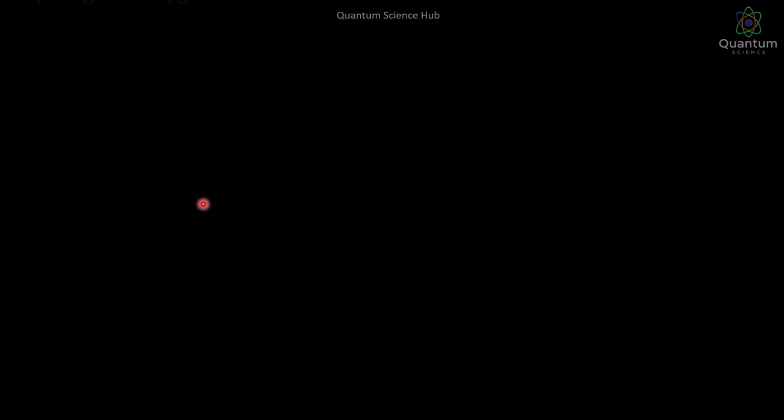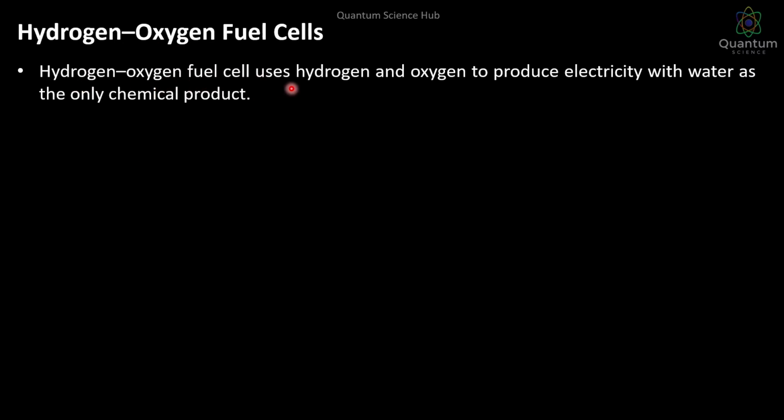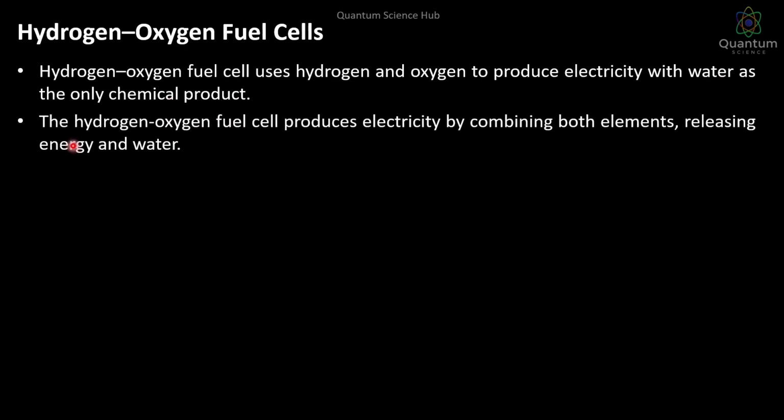Okay? Now let's discuss hydrogen-oxygen fuel cells. A hydrogen-oxygen fuel cell uses hydrogen and oxygen to produce electricity with water as the only chemical product. It produces electricity by combining both elements, releasing energy and water.